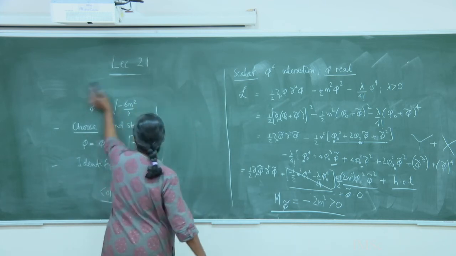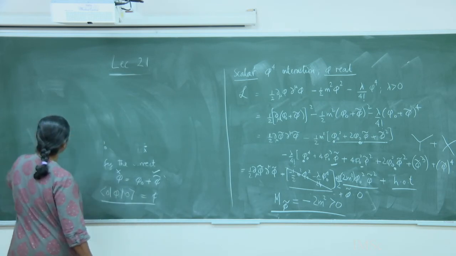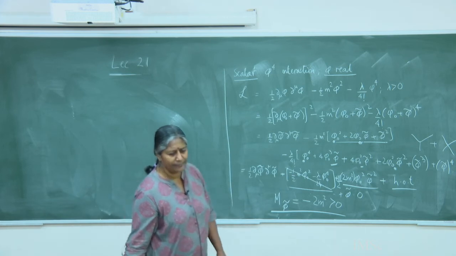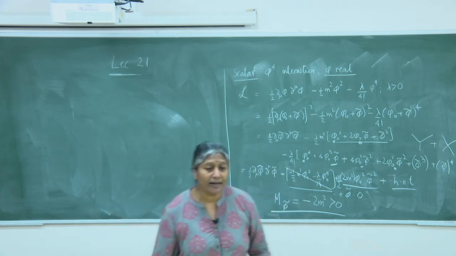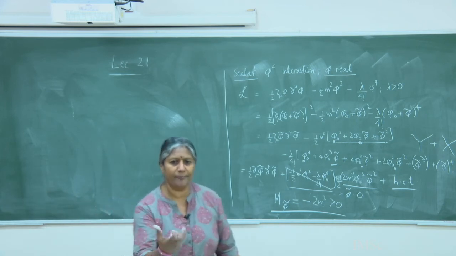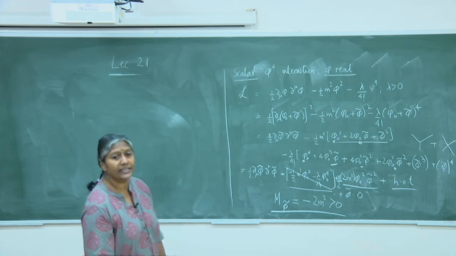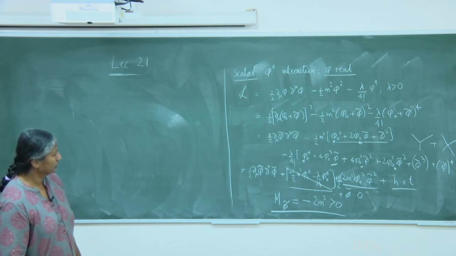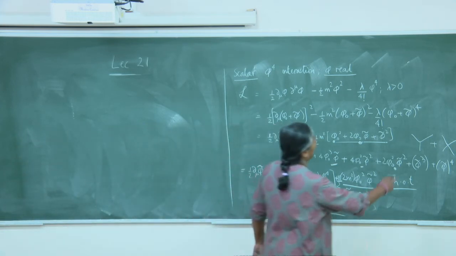What do you mean by discrete breaking? I had 2 solutions for the ground state, right? Discrete, two of them, finitely many. Now I am going to go to a theory where I will have a continuous symmetry. I will have an infinite choice of ground states, and I will pick one of them. Okay, that is where the interest lies. You are saying that you have a theory with field phi now, and you broke it down into 2 fields, right?